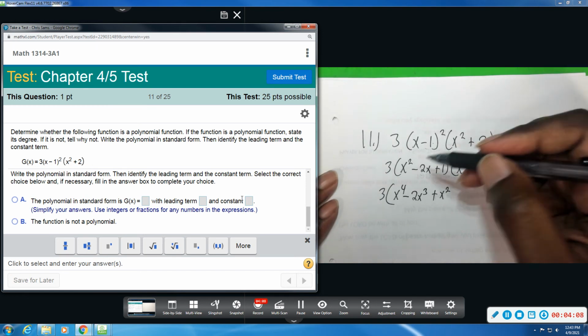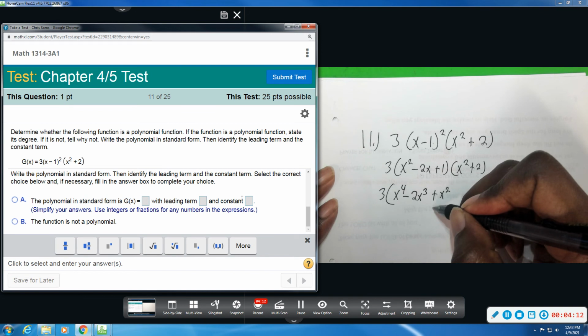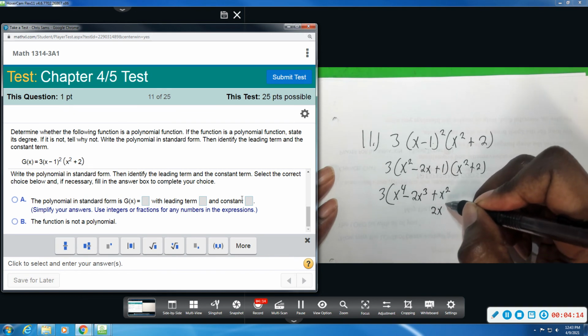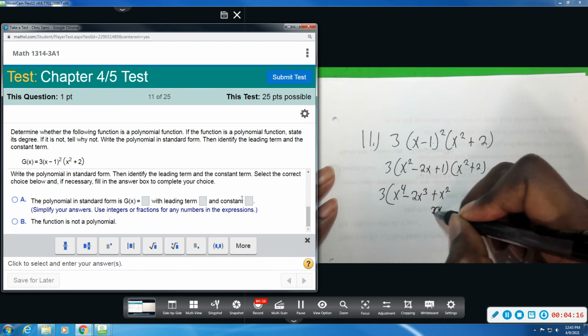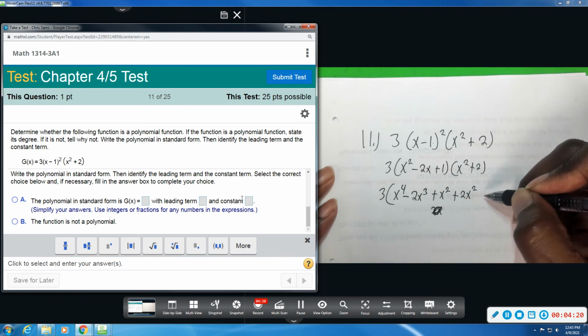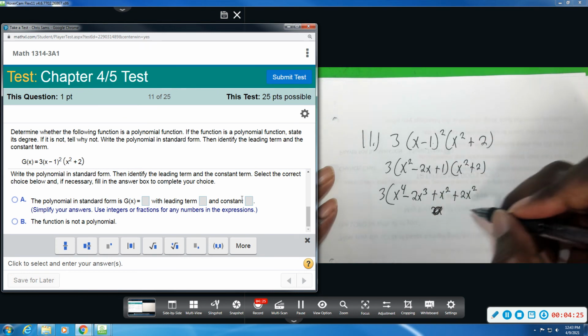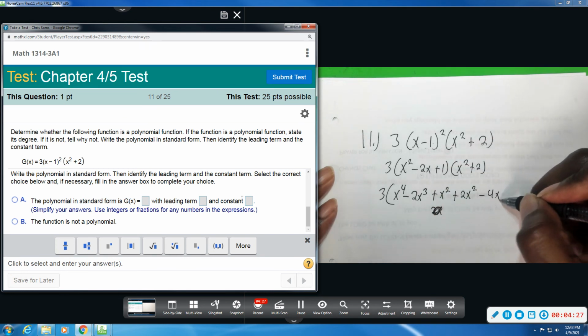All right, now we're going to multiply all these times 2, so that will give us, I'm going to line it up with this like term, x squared, I can just write it behind it, plus 2x squared, and then negative 2x times 2, that will be minus 4x, and then a positive 2.